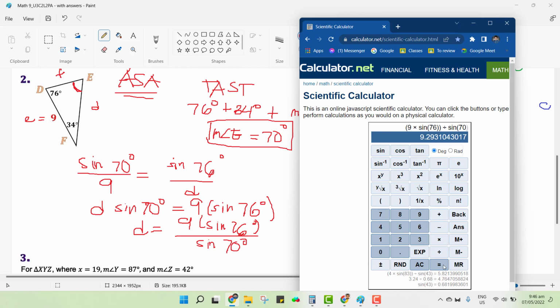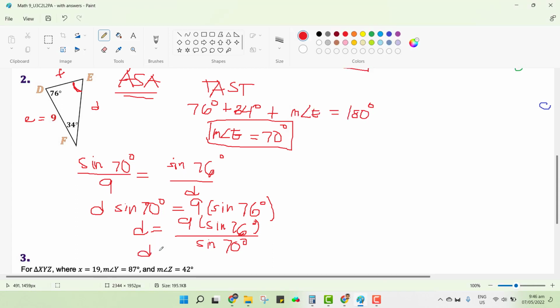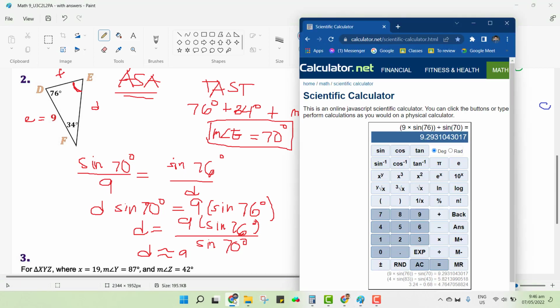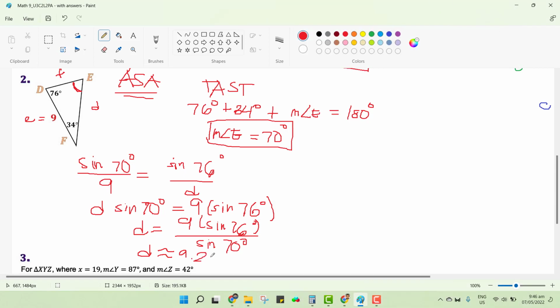So as you input equals and round off to two decimal places, you are going to expect that D is more or less 9.29. This is the value for side D. Okay. So you have solved already D. The remaining is for F.